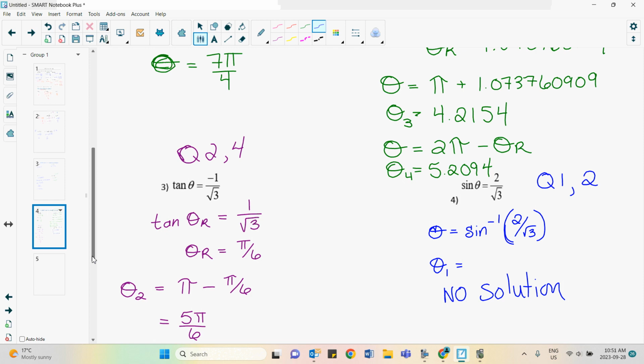Cross it out, because if you put it as an answer, that's actually incorrect. But if you know what quadrant you're looking for, you need to do the math for it. Like if the restriction on this one was 2 and 3, I would solve for 2 and not do 4 at all.